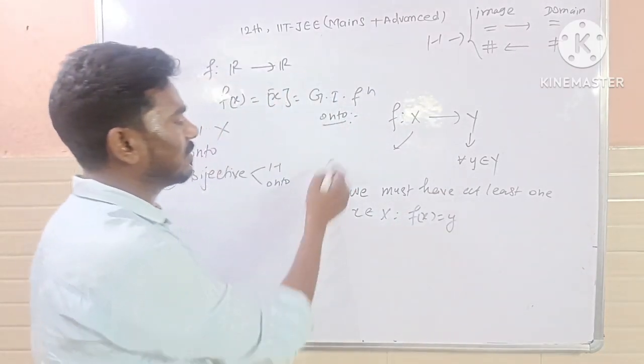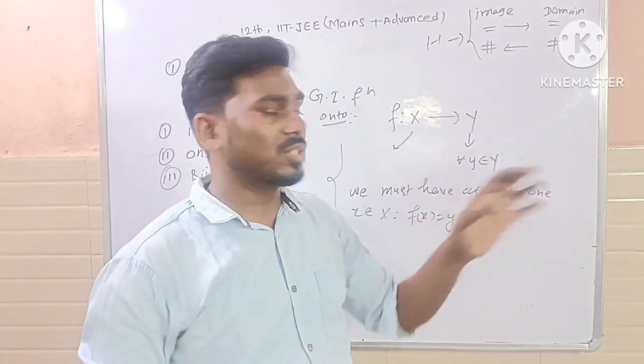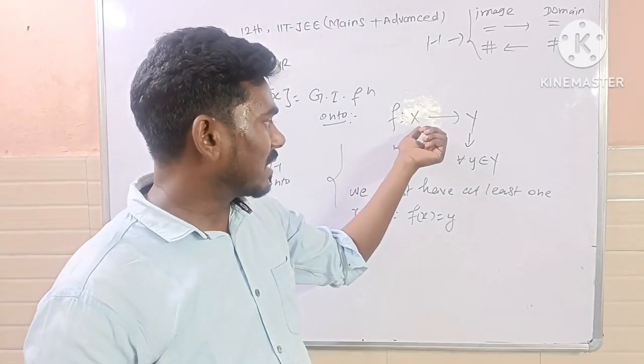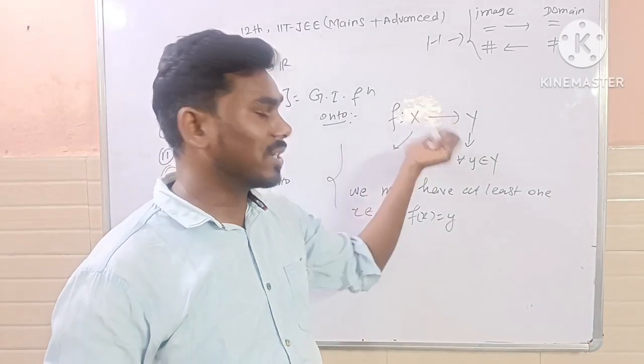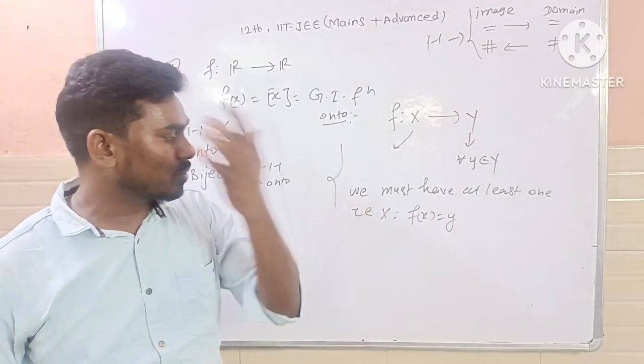So what does this definition actually say? Corresponding to each and every element of the codomain, we must have at least one pre-image sitting inside the domain such that f of x equals y.